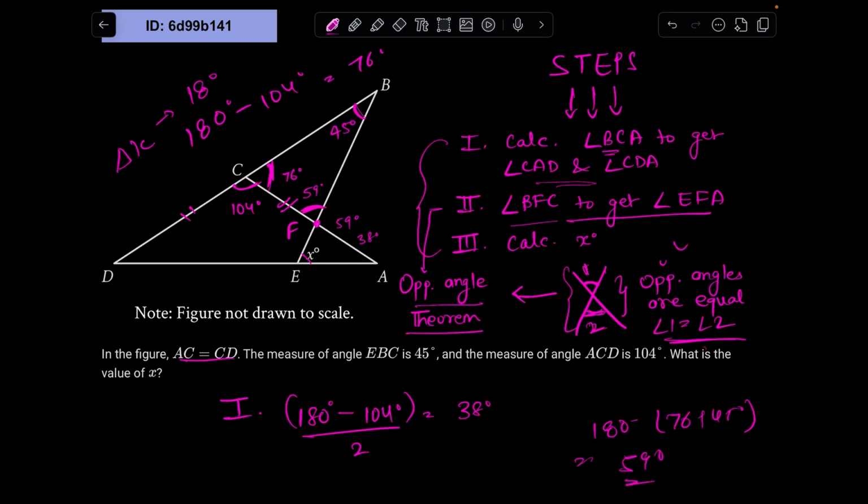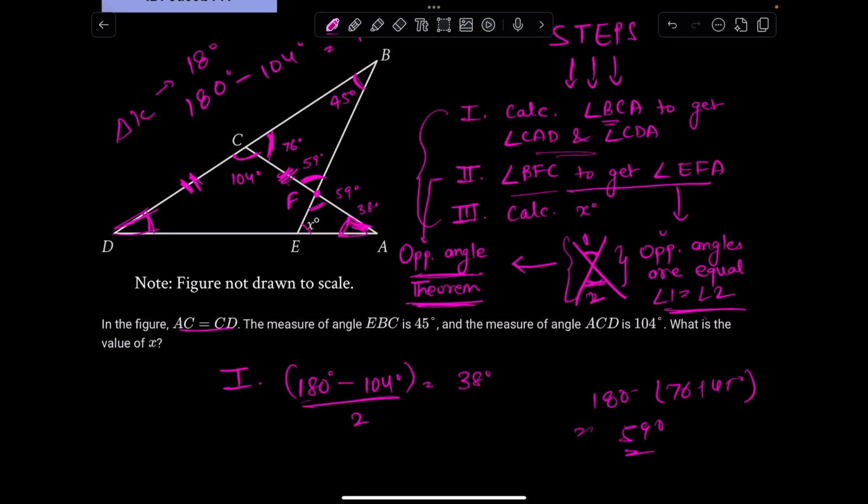Since this angle is equal to angle EFA due to the opposite angle theorem, angle EFA is also going to be equal to 59 degrees. Angle CAD and CDA are going to be equal since this is an isosceles triangle. And so (180 minus 104) divided by 2 is 38 degrees. So this is the value of angle CAD.